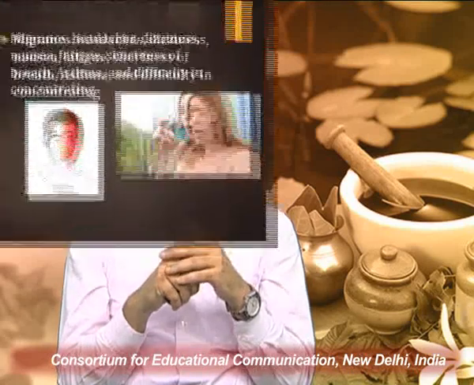So these are a few safety or toxicity concerns of these volatile oils, and what can be done to prevent these toxicity effects I will discuss in the next slide.